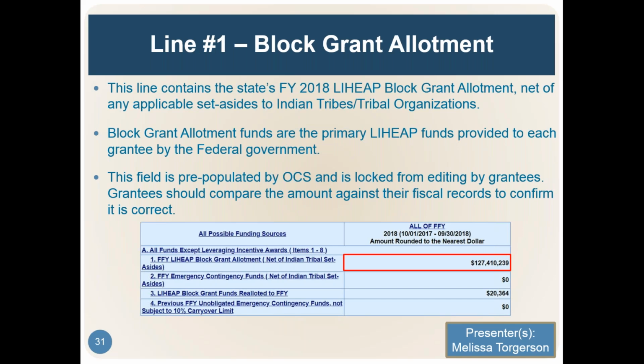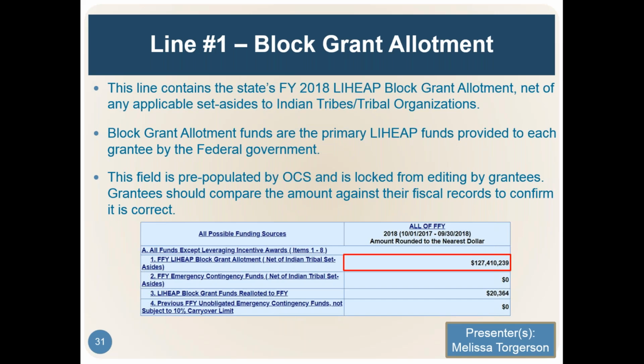So those funds will actually be on the tribes, in their tribe's own reporting. The block grant allotment funds are the primary LIHEAP funds provided to each grantee, and this field is pre-populated and locked from editing. I cannot underscore this enough.